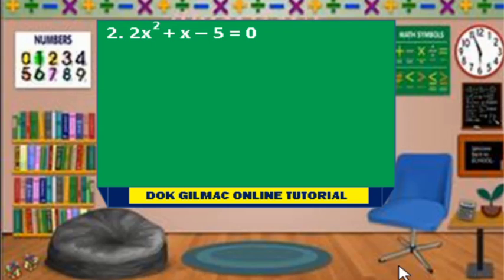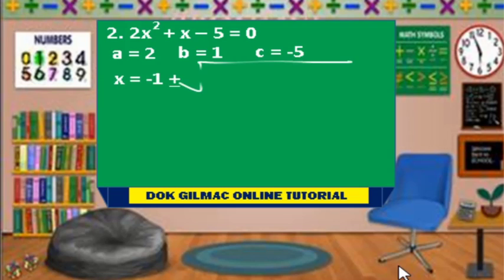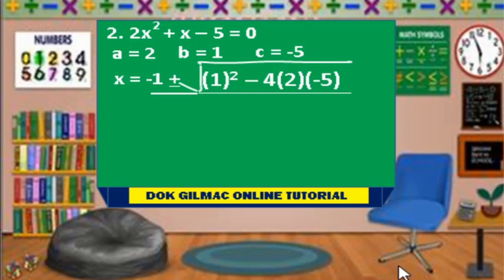This time, we use the quadratic formula. a is equal to 2, b is equal to 1, c is equal to negative 5. So consider the quadratic formula. We have x is equal to negative 1 plus and minus the square root of 1 squared minus 4 times 2 times negative 5 all over 2 times 2.